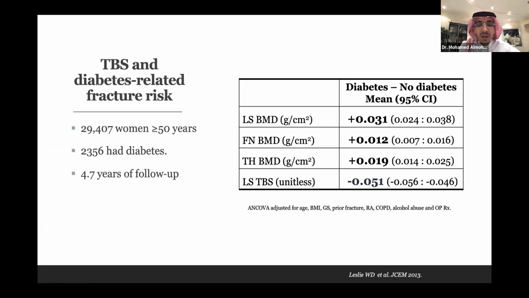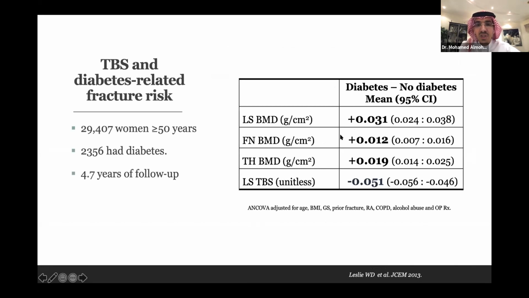Again, Leslie and his colleagues from the Manitoba study included a large cohort of more than 29,000 patients, 8% of them having diabetes, with a follow-up of around 4 years.